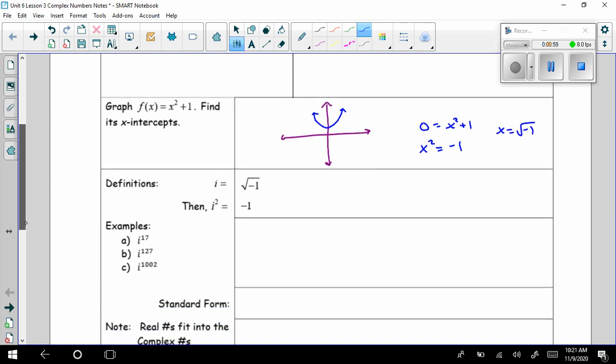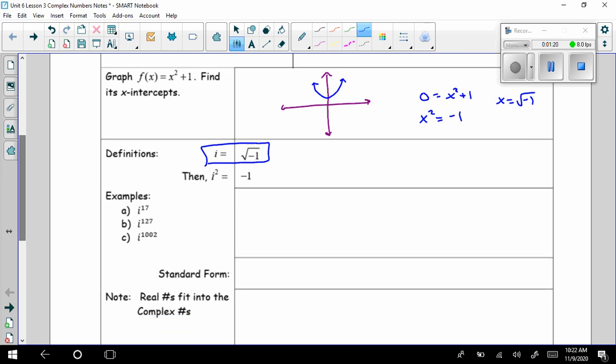So from this point forward, we're going to say that i is equal to the square root of negative 1, okay? Because if I square both sides, i squared would equal negative 1. Okay, so be careful. There are some common mistakes involved with that we can look at.